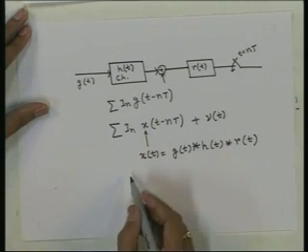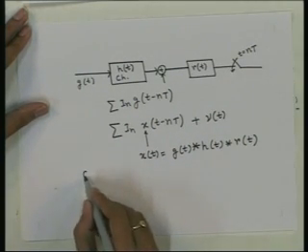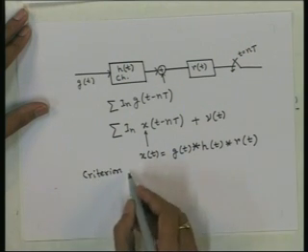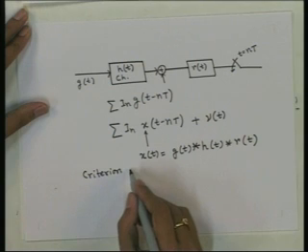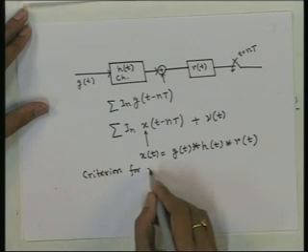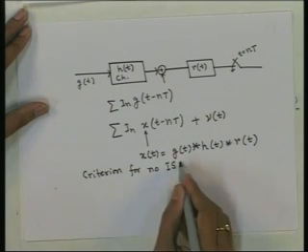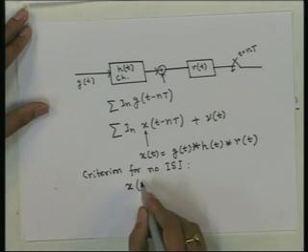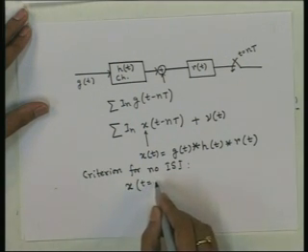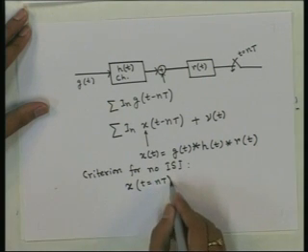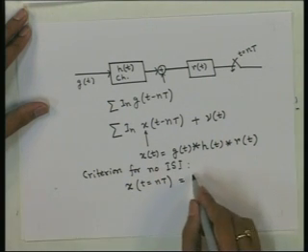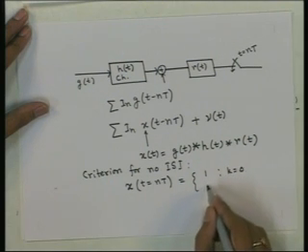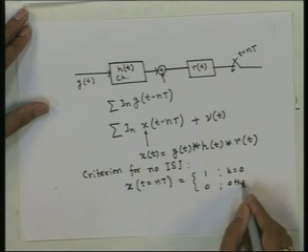So, we have seen that for ISI free reception, we need this to be 1 only for k equal to 0 and 0 otherwise.